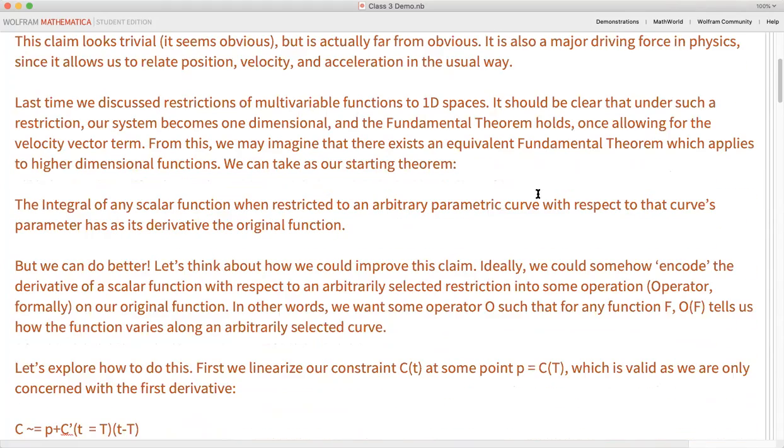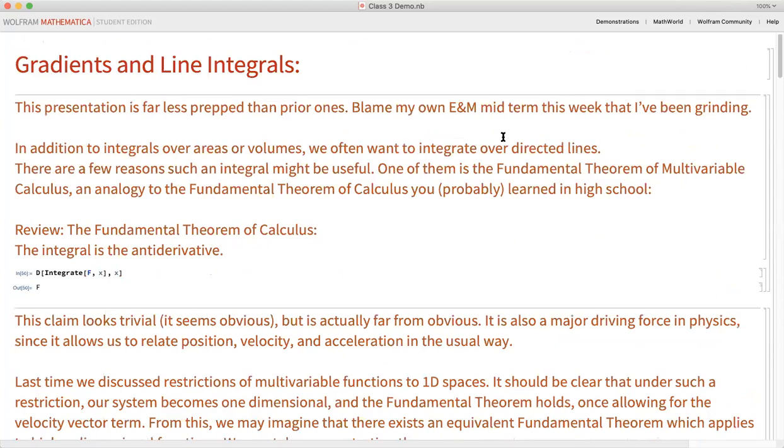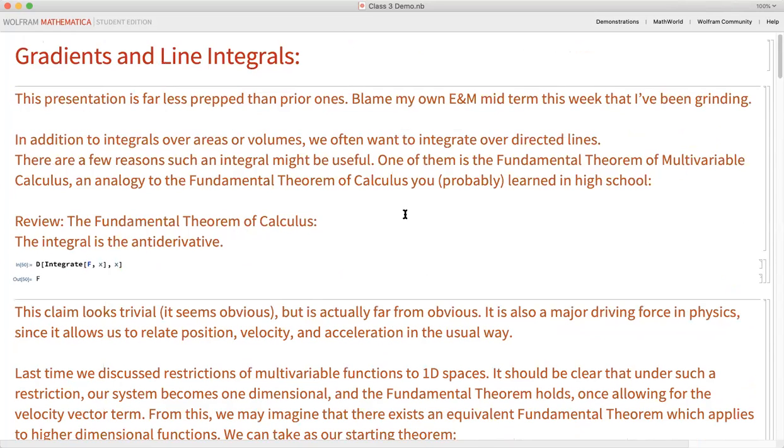But yeah, so we want to try and get a version of the fundamental theorem of calculus for multivariate calculus. Basically the reason we want this is because it'd be nice to have. In some sense, it's because the fundamental theorem of calculus really is what makes the derivative and the integral what they are. The reason we really care as physicists what an integral is and what a derivative is is their relations.